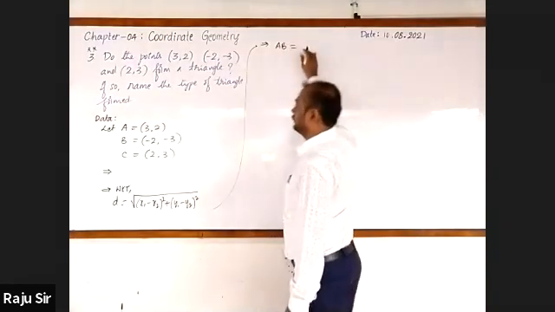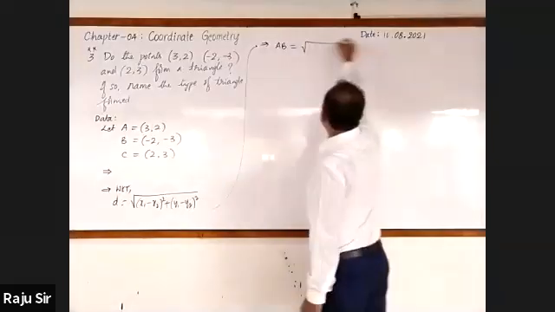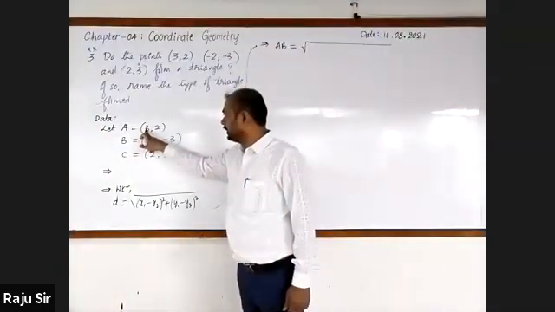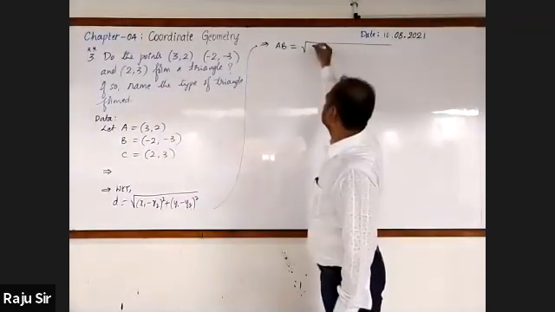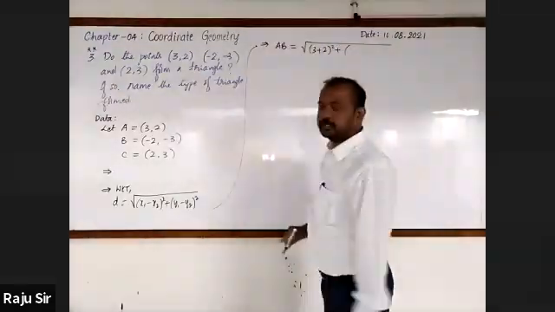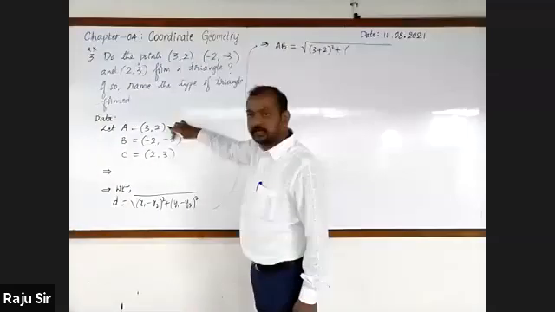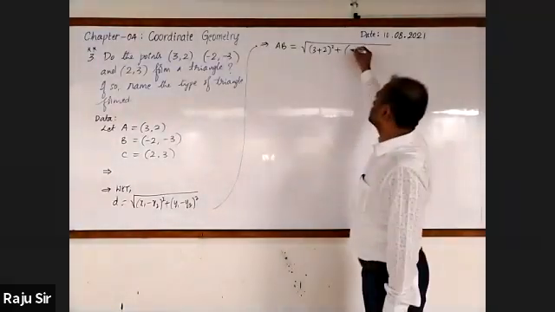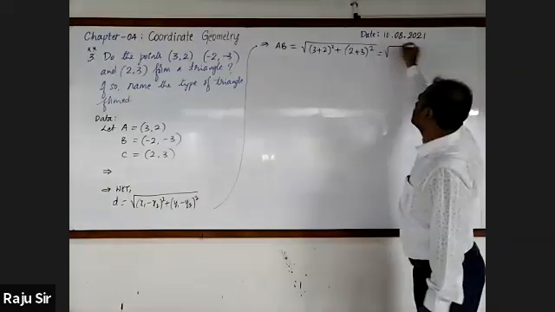AB is the square root of, observe, x1 minus x2: 3 minus of minus 2, nothing but plus, 3 plus 2 whole square. Next, y1 minus y2: 2 minus of minus 3, this is 2 plus 3 whole square.